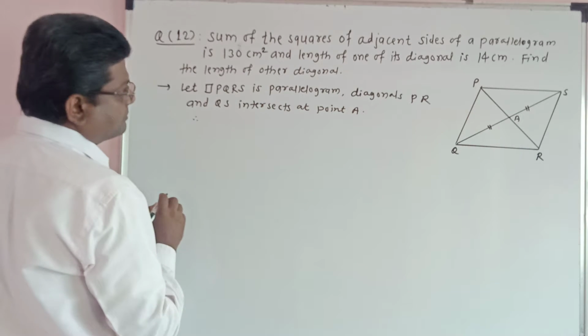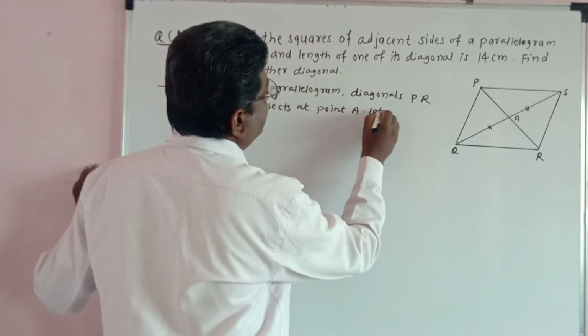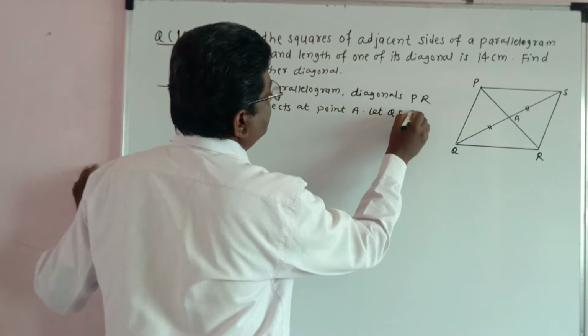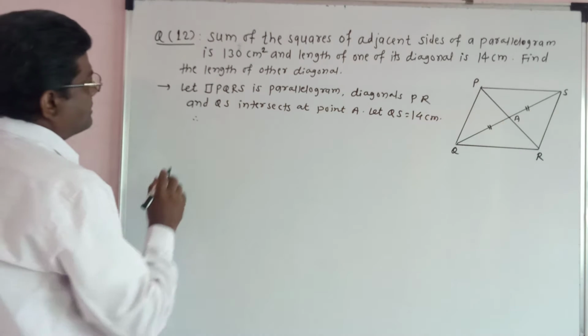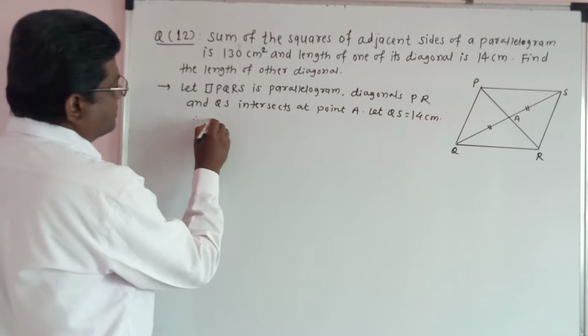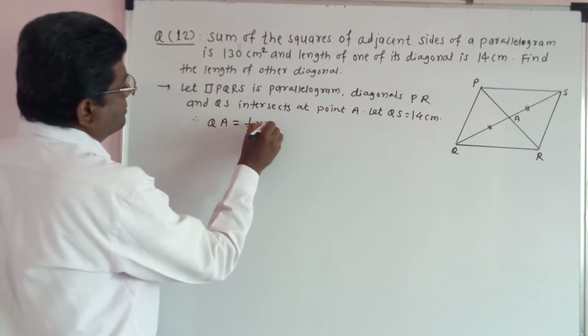Therefore, here we have given QS is equal to 14 centimeter. Therefore, QA is equal to 1/2 into QS.